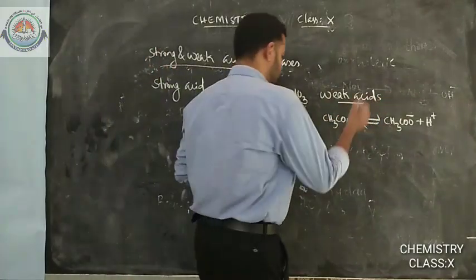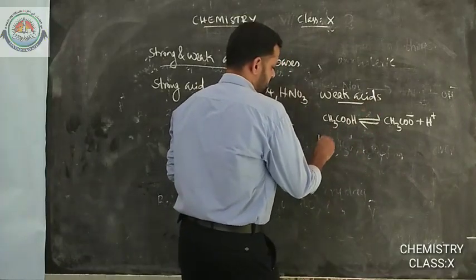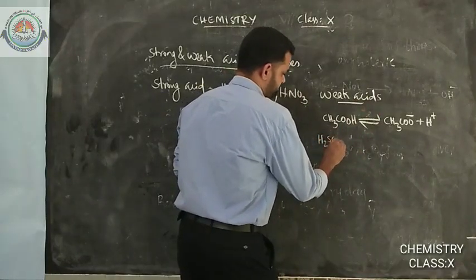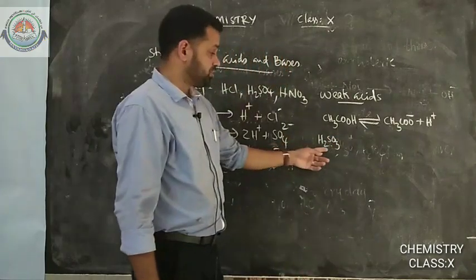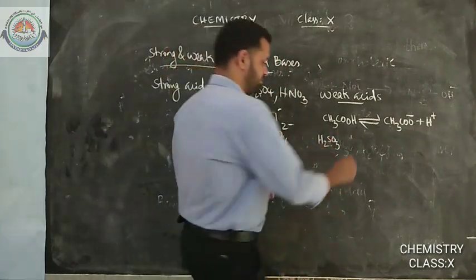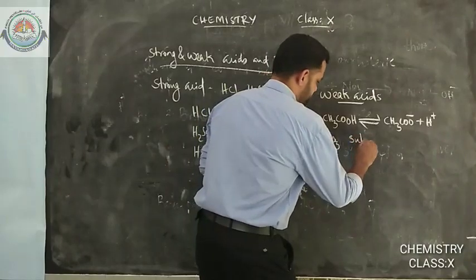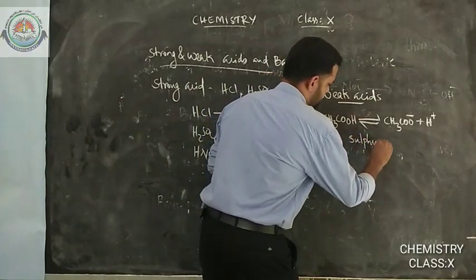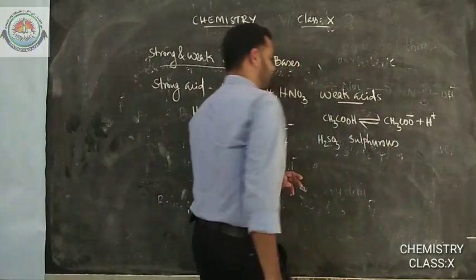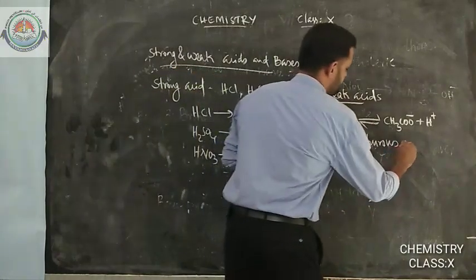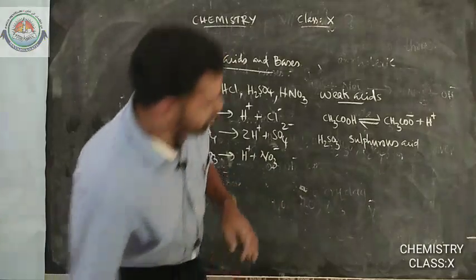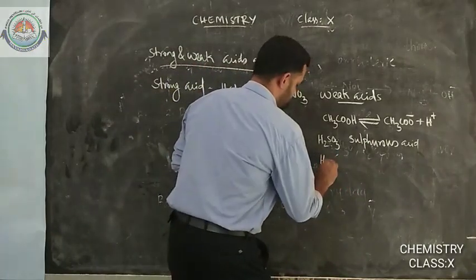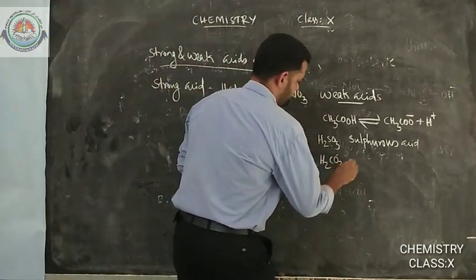There are a number of examples for weak acids. You can see H2SO3, not SO4, SO3, that is called sulfurous acid. It is also a weak acid. Then carbonic acid, H2CO3.